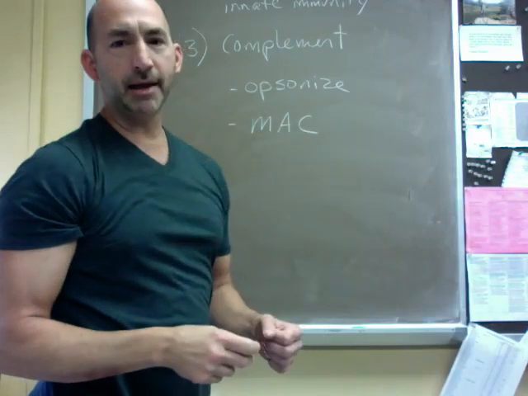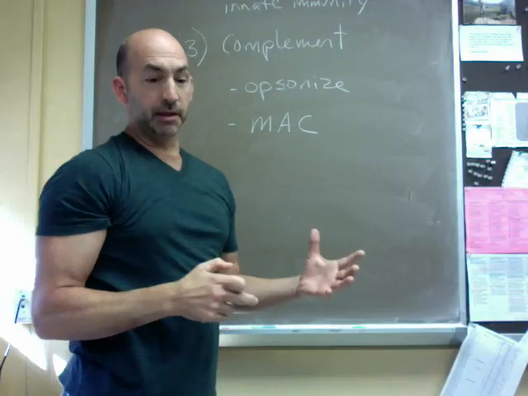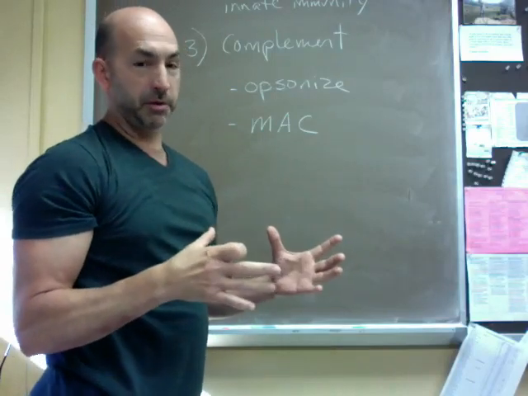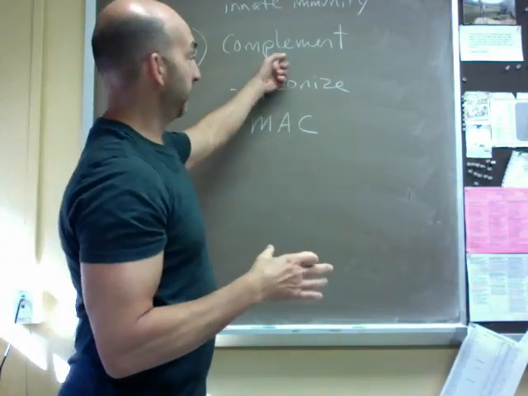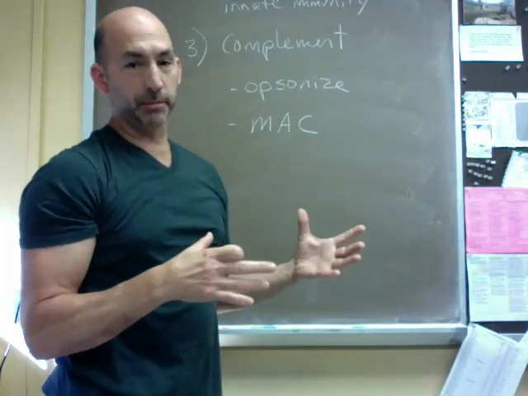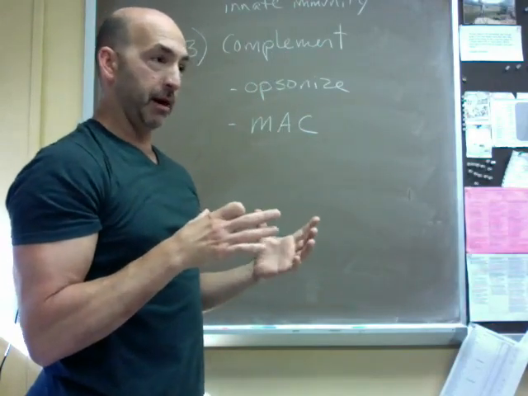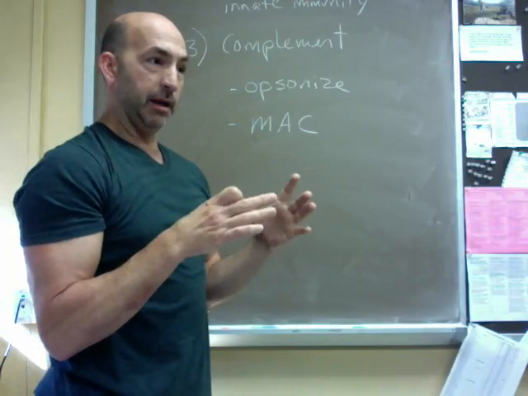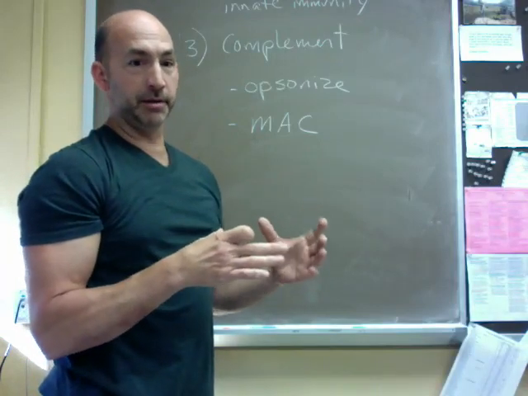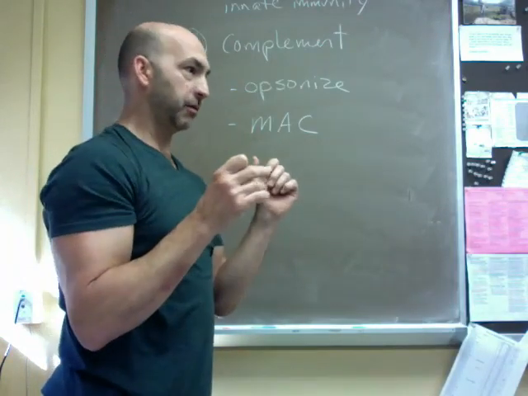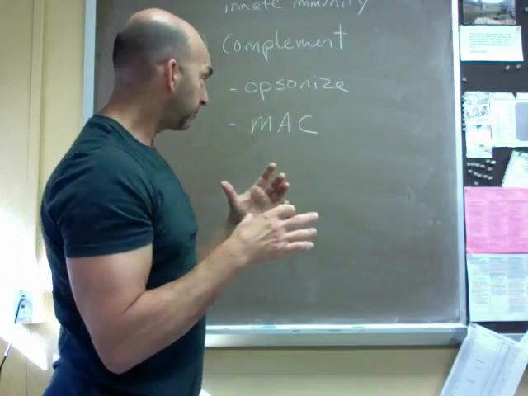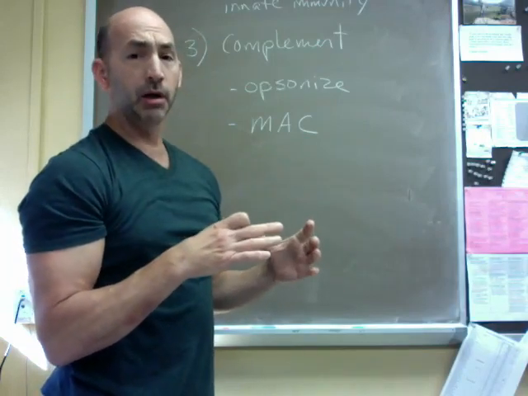The membrane attack complex. It's a series of proteins that, once activated, and again, complement is more than 20 proteins, a group of them will become activated and insert in the membrane of this virally infected or foreign cell, like a bacterium, and form a pore.